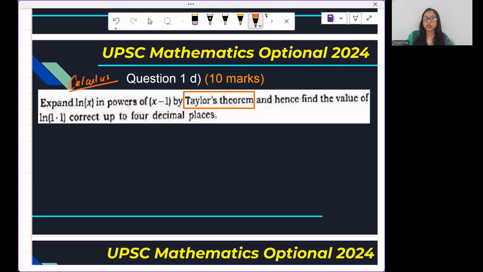So what is the theorem? What does it say?